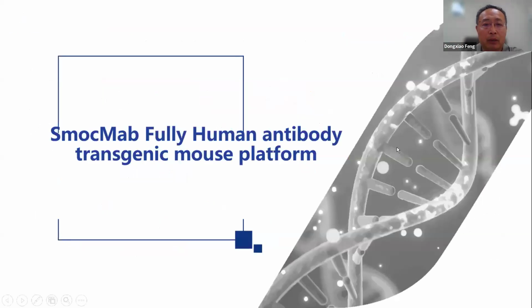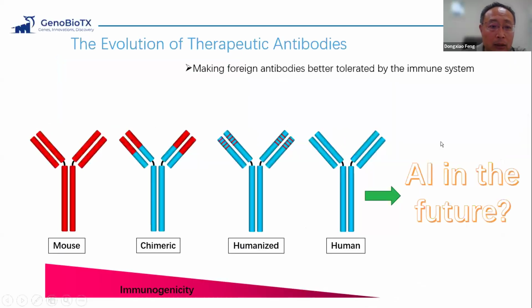For therapeutic purpose, human antibody is the most preferred antibody platform. So I'm going to give you some introduction of the fully human antibody transgenic mouse platform we have right now. And as you know, this is the evolution of therapeutic antibodies.